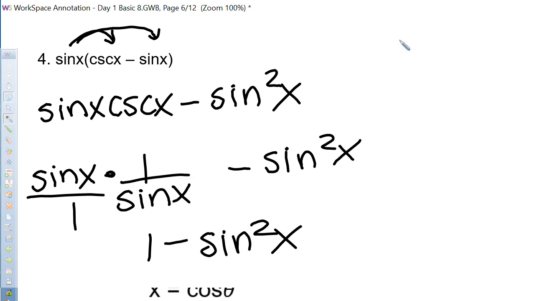It looks like one of those Pythagorean identities because it has a 1 with a squared trig. So sine squared plus cosine squared equals 1. If I want 1 minus sine squared, what do I have to do to this equation over here? Subtract sine squared. And that gives me cosine squared equals 1 minus sine squared. So what's our answer? Cosine squared of x. Now I'm down to 1 term, so that's the answer.